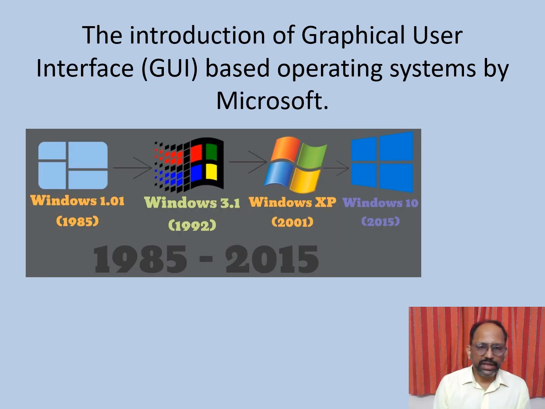Another important development in the evolution of the computer is the introduction of GUI based operating systems. It was introduced by Microsoft in 1985. It started with the Windows 1.01 version. At present, we have the Windows 11 operating system.